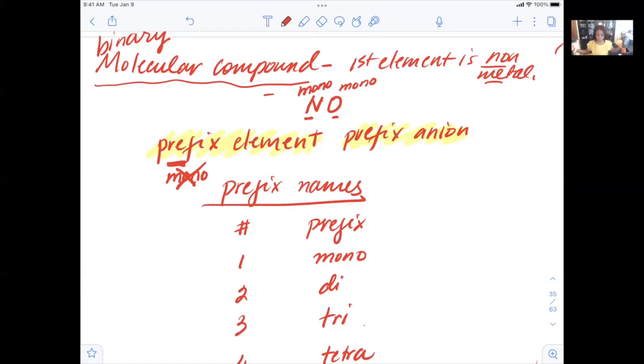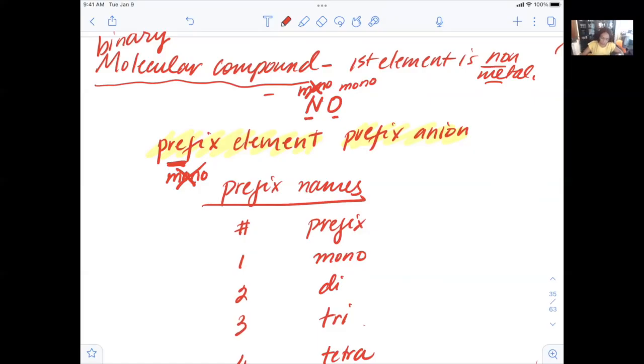Why? That's just a rule. The mono is implied. So when you look at a molecular compound's name and the first prefix is missing, what is implied there is you only have one of that first element, because the missing prefix or the silent prefix is mono. It's not written, it's implied. It is known amongst the people in a crowd.